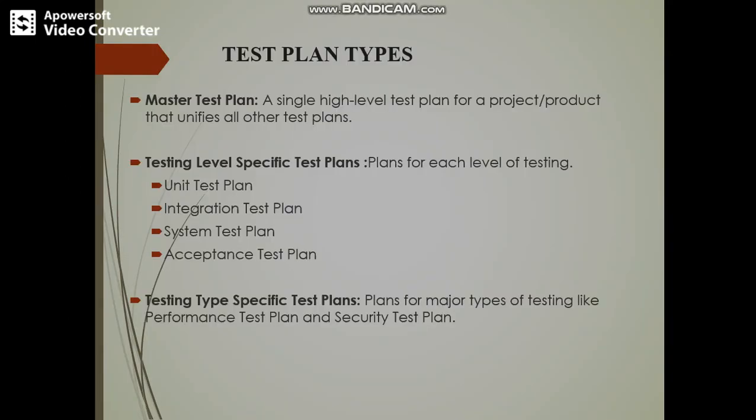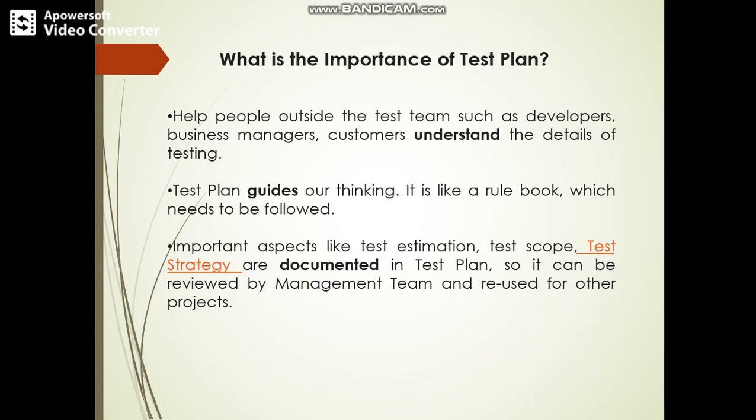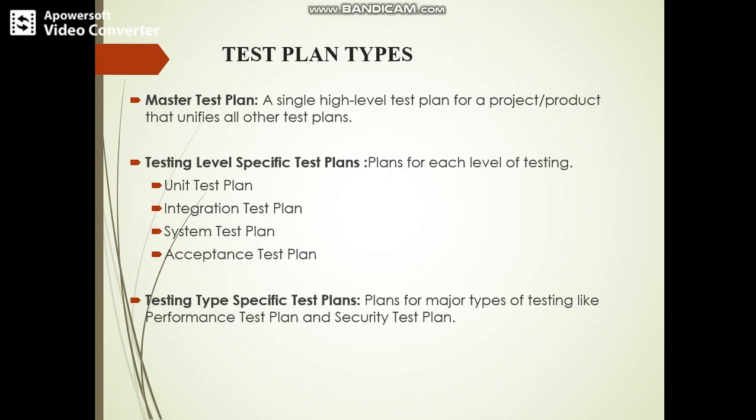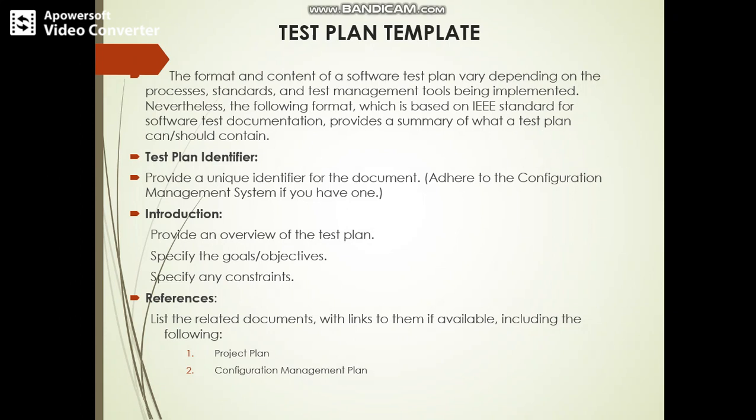Okay, so in the last session we had seen how to prepare the test plan. Now we have seen what the test plan types are and what the test plan template contains.